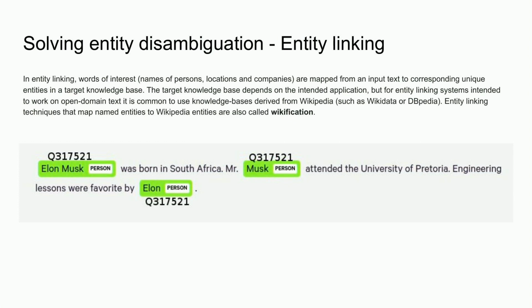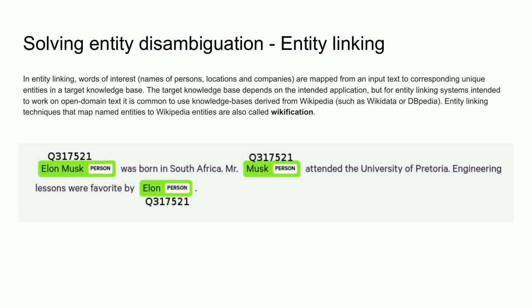And on the plus side, once we've got Wikipedia IDs for our entities, we can also use Wikipedia to enrich our knowledge graph. You could combine the information that you got from the information extraction pipeline with online information that is available on Wikipedia and use that to create a fuller knowledge graph.